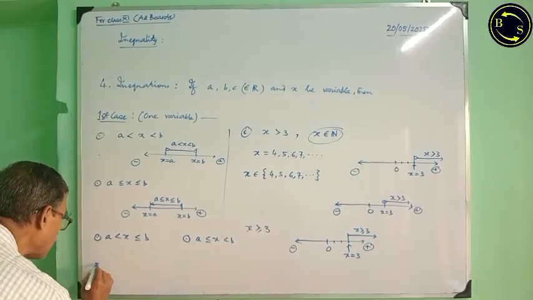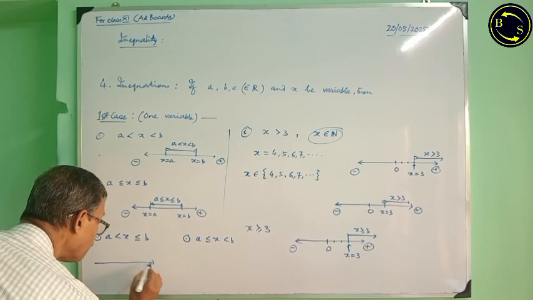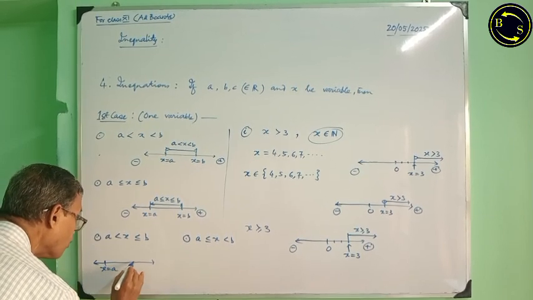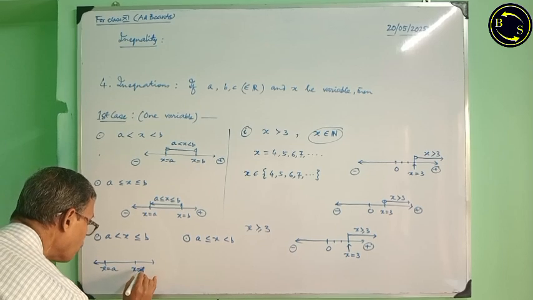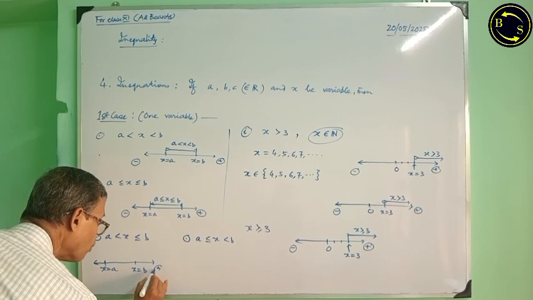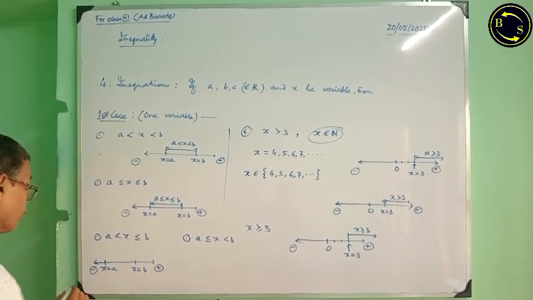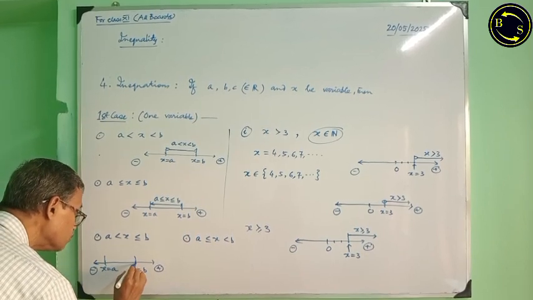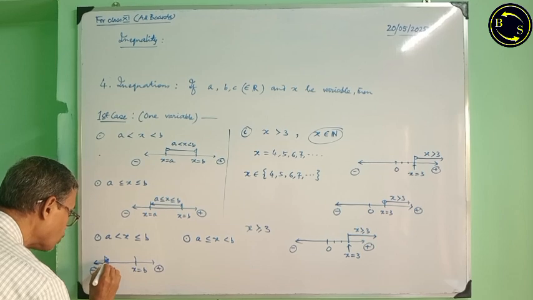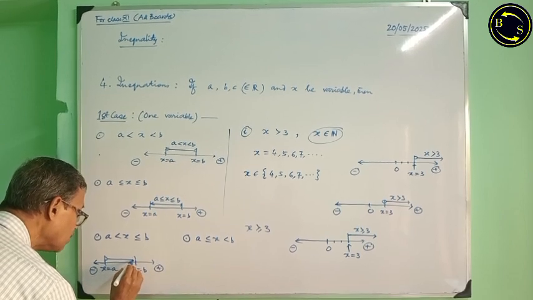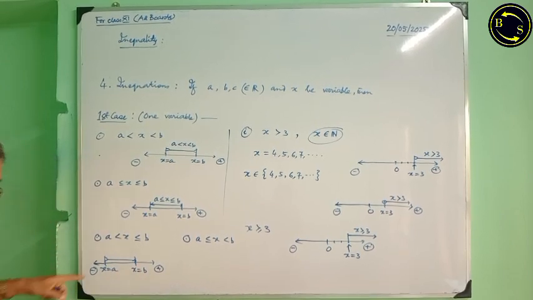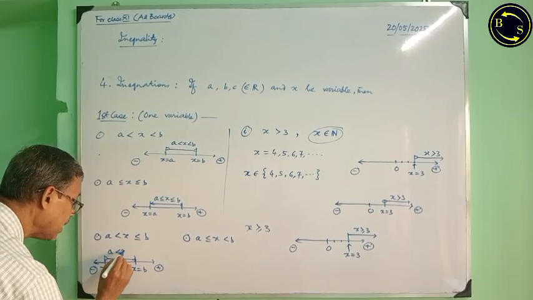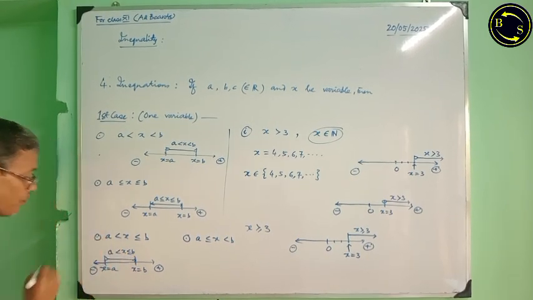Therefore, the representation for this one will be: on the left hand side there will be a cap, a less than x less than or equal to b.